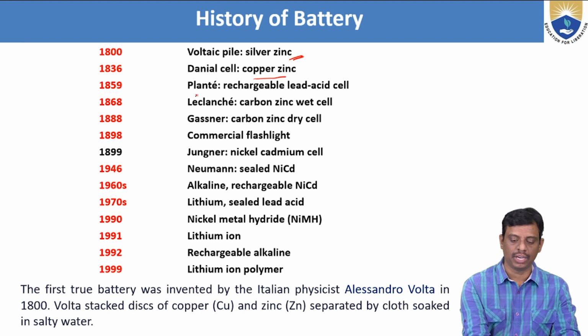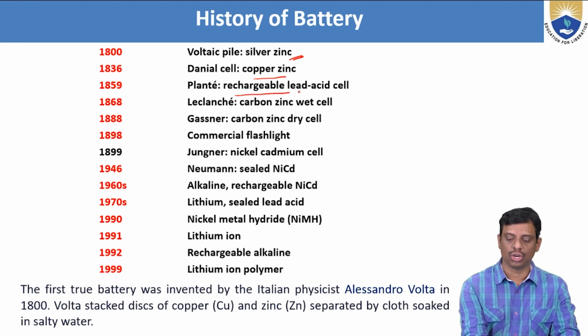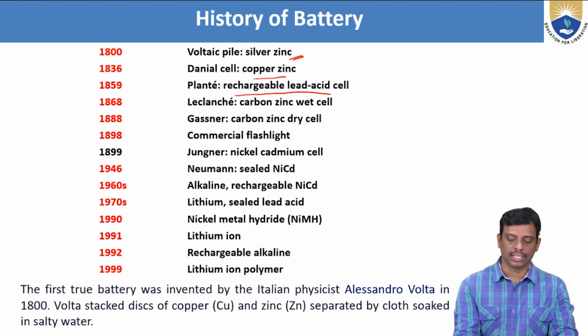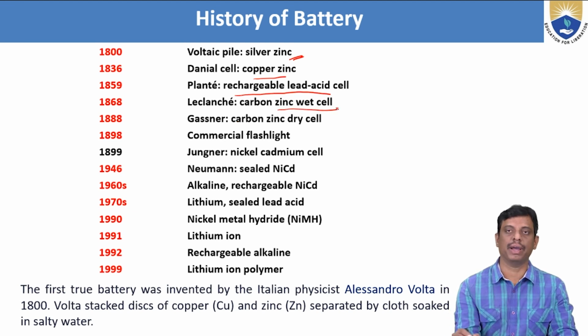In 1859, Planté invented the rechargeable battery. That is the lead acid battery, the lead acid cell. In 1868, Leclanche invented the carbon zinc battery. It is one type of dry battery.